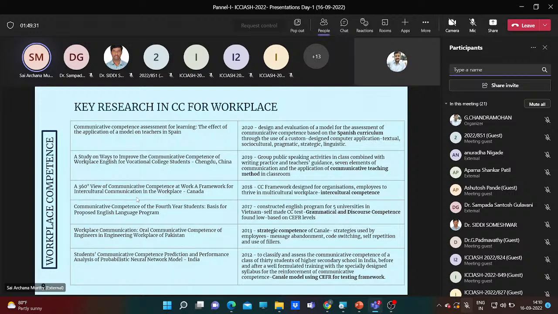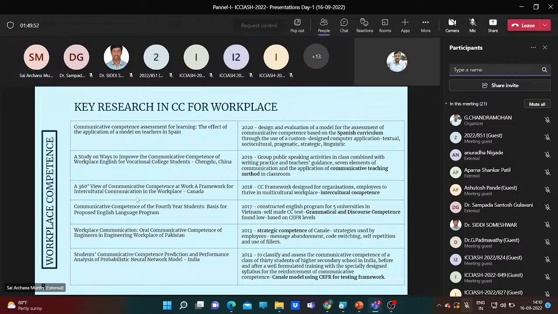So the contributions to this particular theory of communicative competence by the theoretical linguists and the secondary sources have helped me to identify the needs at the Indian workplace and also design this proposed conceptual framework.